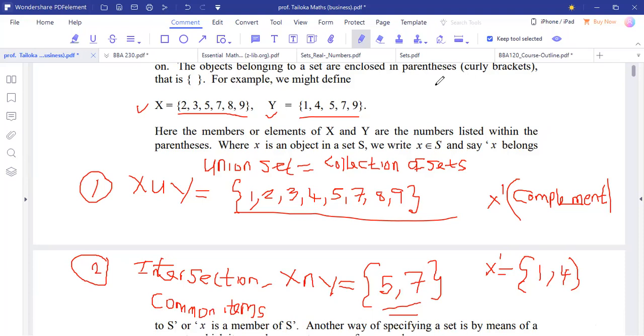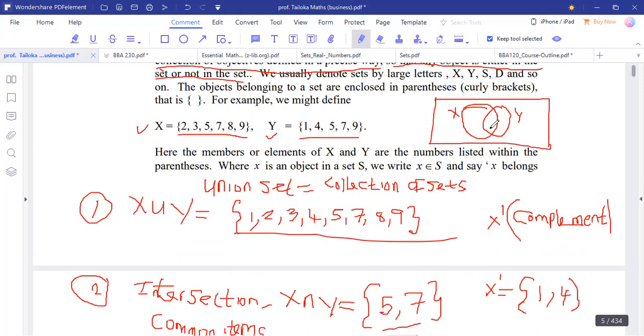First and foremost, since we have already identified the intersection set, we draw our X and our Y. For the intersection, we start with the 5.